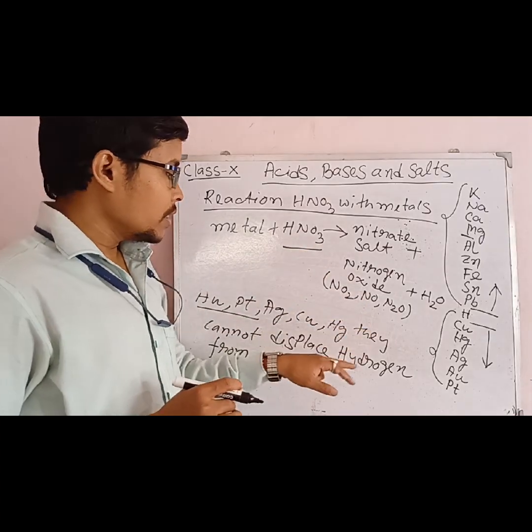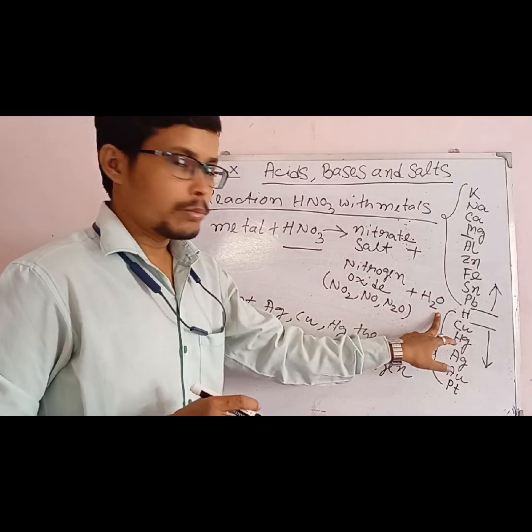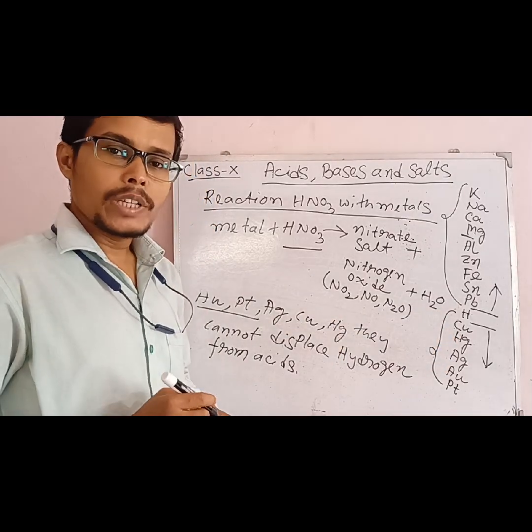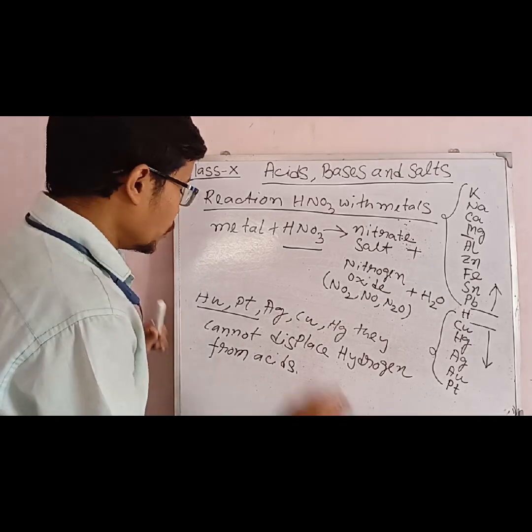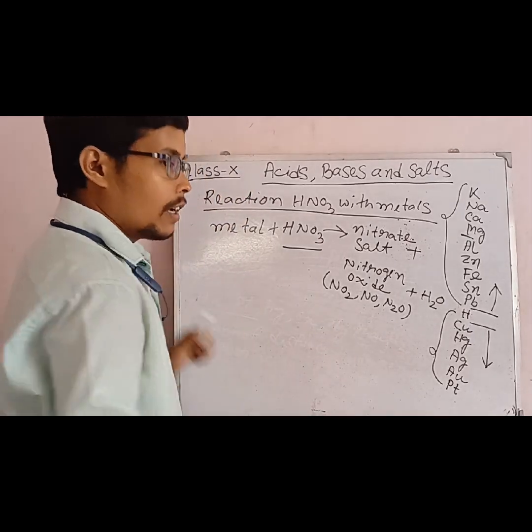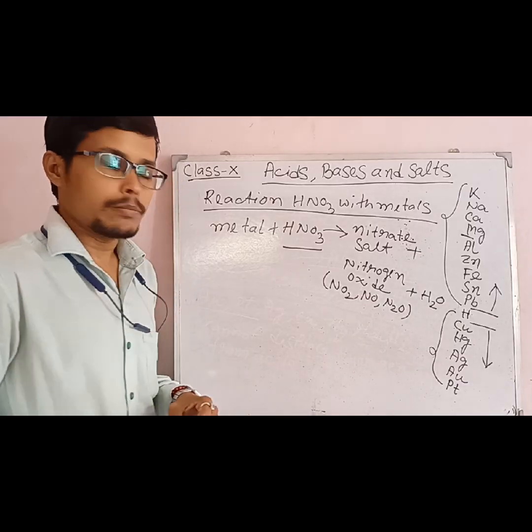One more thing: hydrogen gas will not be produced here. In place of hydrogen gas, water will be produced. What is the reason behind it? Because HNO3 is a strong oxidizing agent. You would know about it from oxidation and reduction in the first chapter.